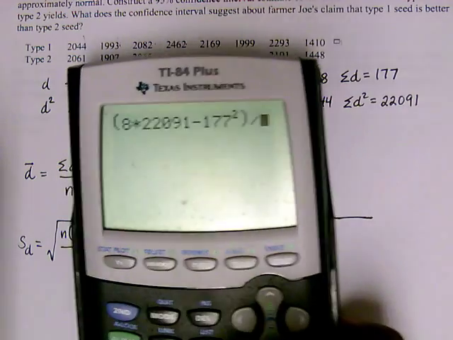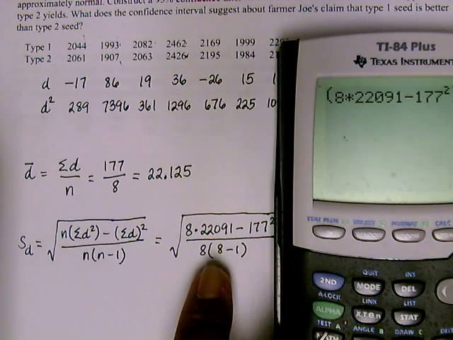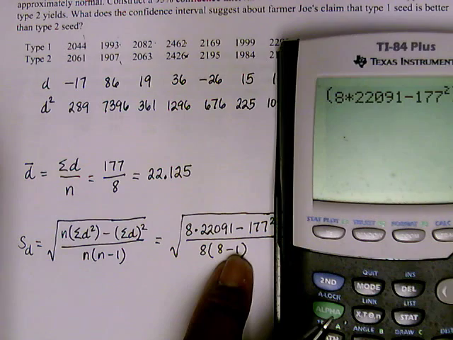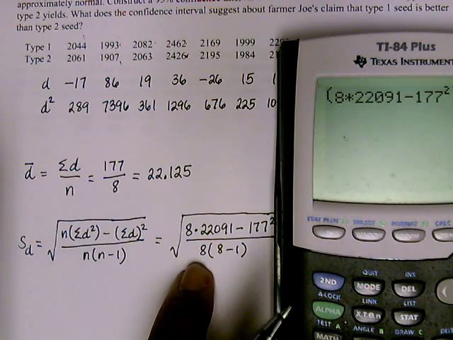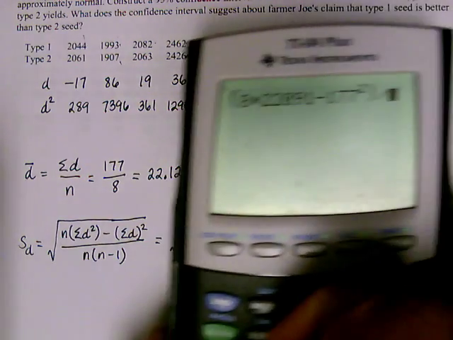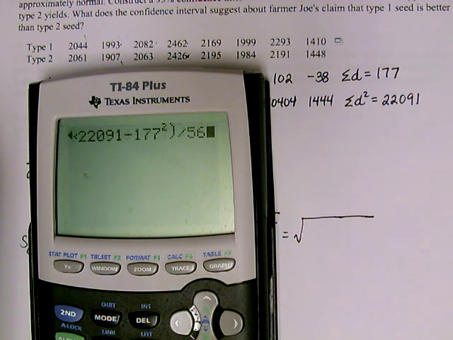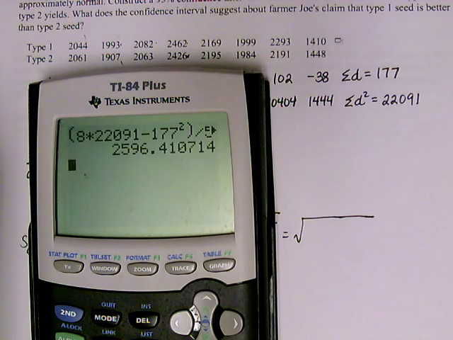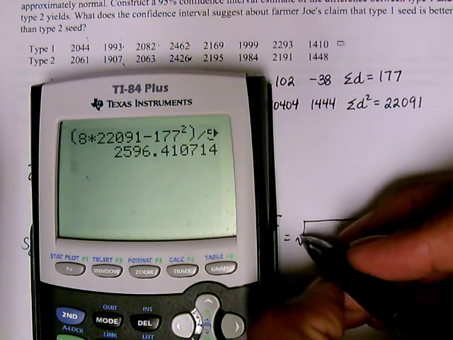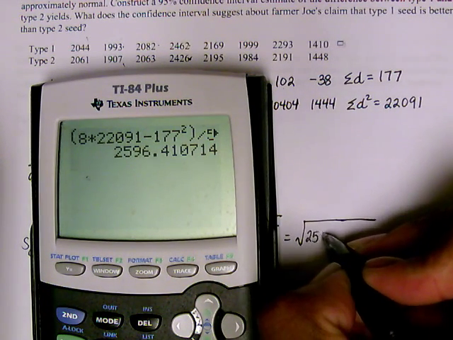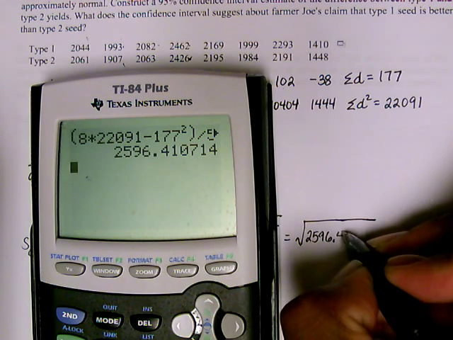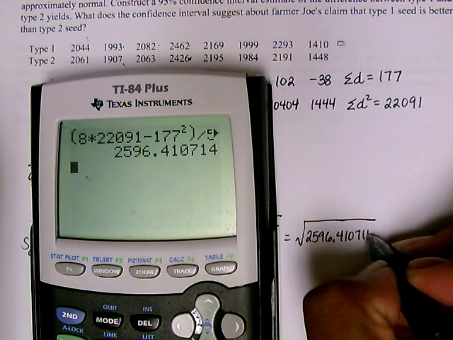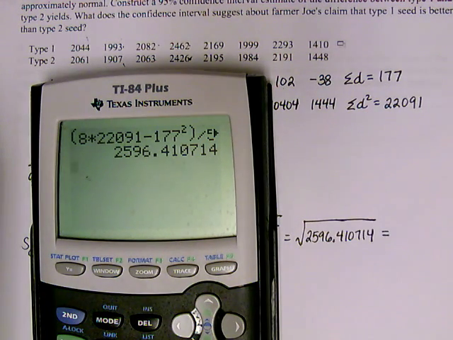Then divided by, if I have 8 minus 1, that's going to be 7. 7 times the 8 in front would be 56. Then close your parentheses. So this will be 2,596.410714.